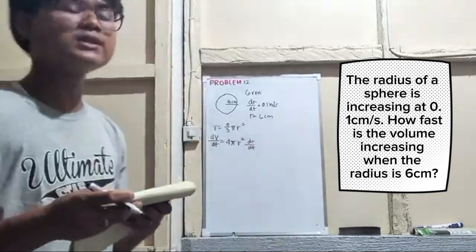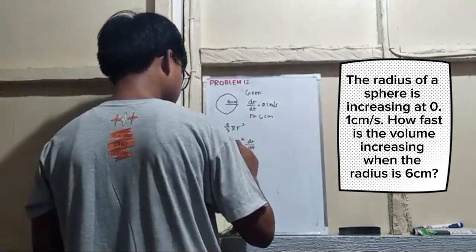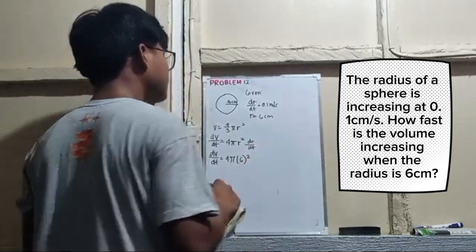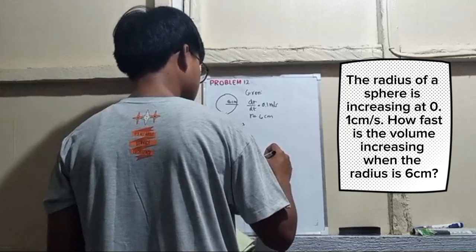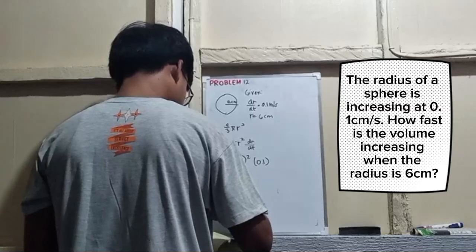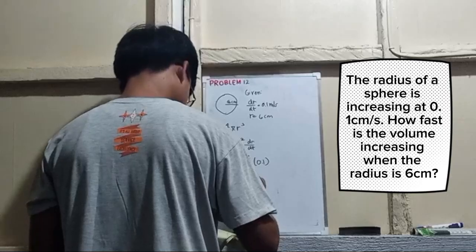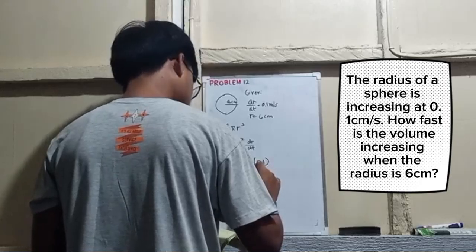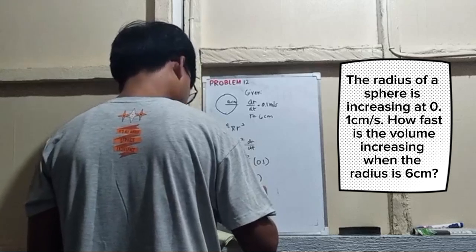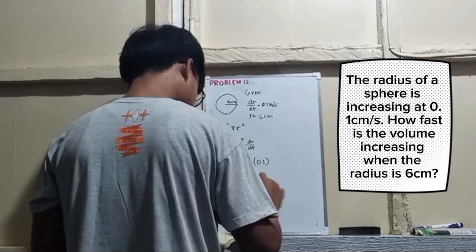Now we will substitute the given into the formula. So dV/dt equals 4 pi, then the r is 6 squared, and our dr/dt is equal to 0.1. Then solve, dV/dt equal to 144 pi times 0.1. dV/dt is equal to 45.24 centimeter cubed per second.